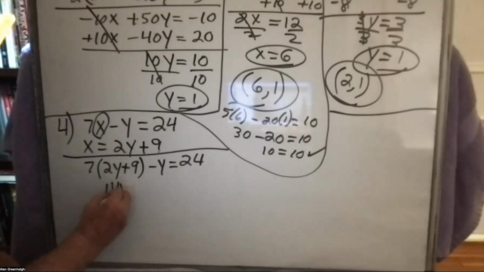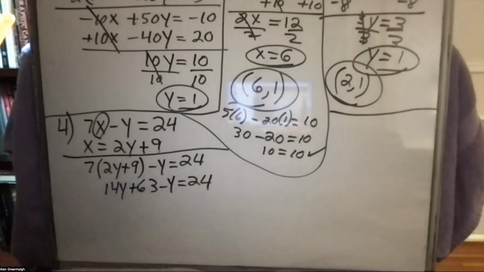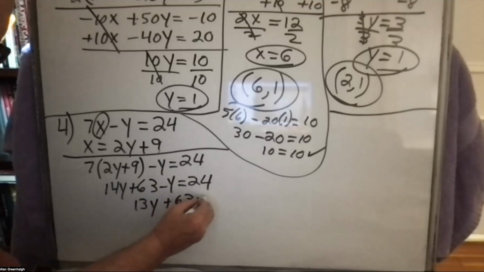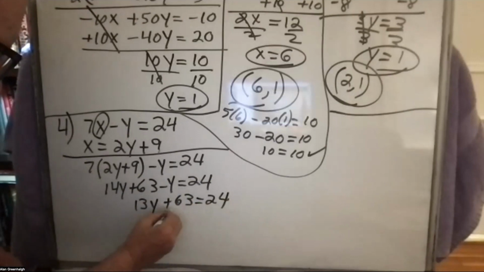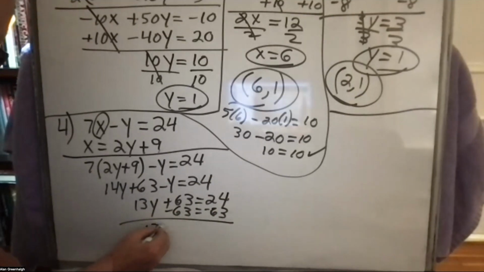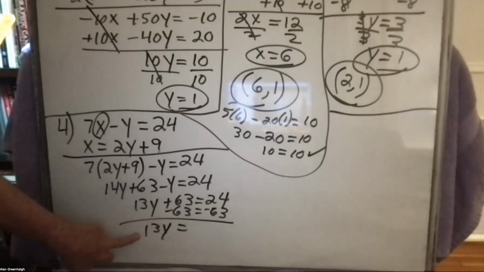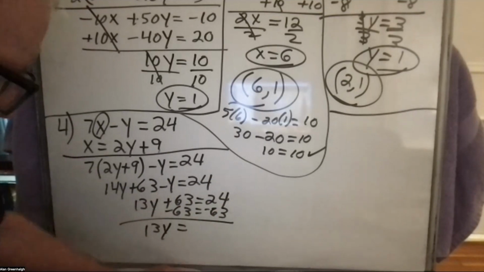You get 14y plus 63 minus y equals 24. 13y plus 63 equals 24. Minus 63, minus 63. The number we get over here better be a multiple of 13. That's what I'm thinking.